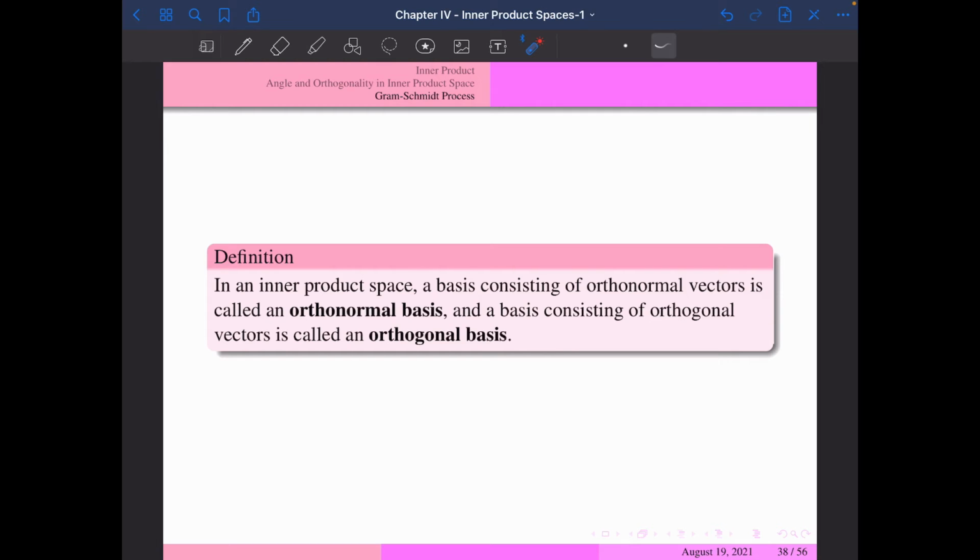An orthonormal basis is a basis that is an orthonormal set, and an orthogonal basis is a basis that is an orthogonal set.